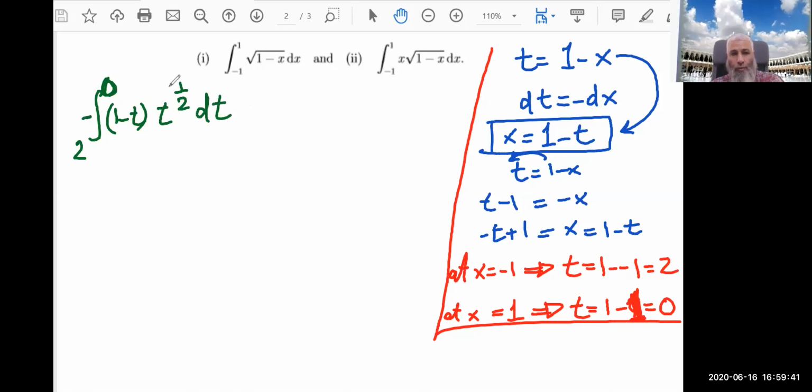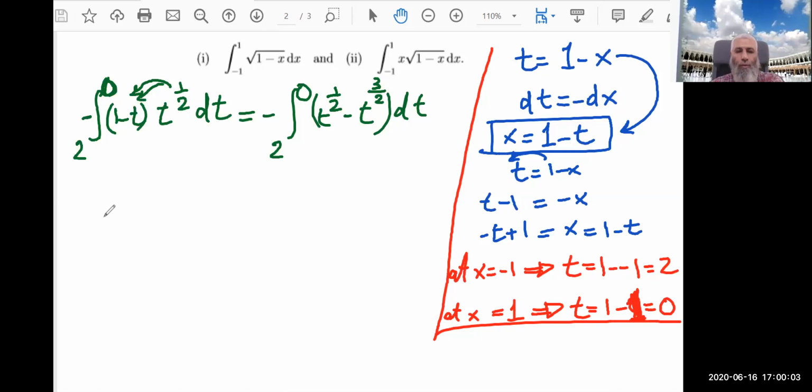Yes. So this will multiply here and here. This is minus the integral from 2 to 0 of t power 1/2 minus t power what? 3/2. Yes, right. So what is this integration?